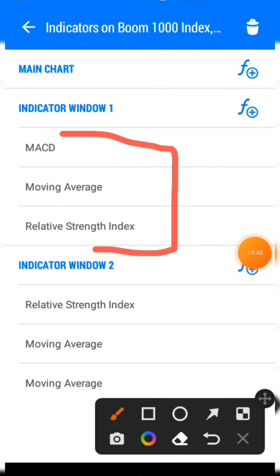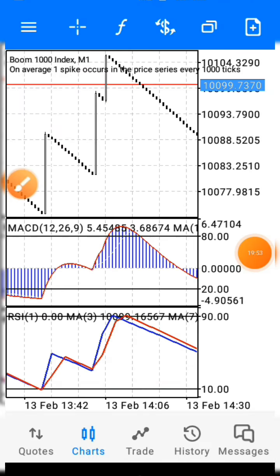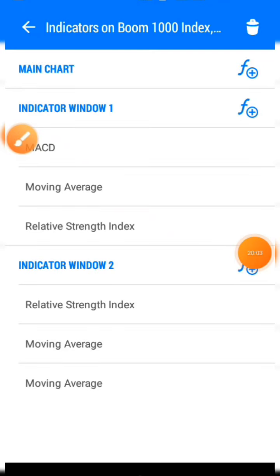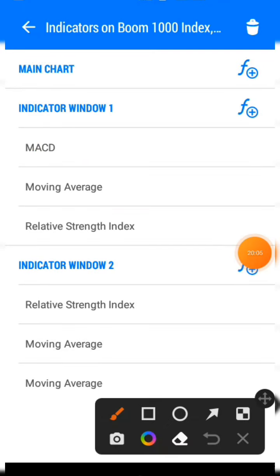So we are done with the first indicator's data, which is this one right here. Now we are going to be moving to the second one, which is here. You click on the F icon again. This is the second window.